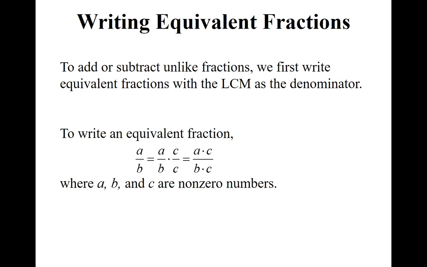What number? Whatever number we need to get to the least common denominator. So if a over b is a fraction, we can multiply by c over c, multiply by c on the top, multiply by c on the bottom. We get the equivalent fraction ac over bc.